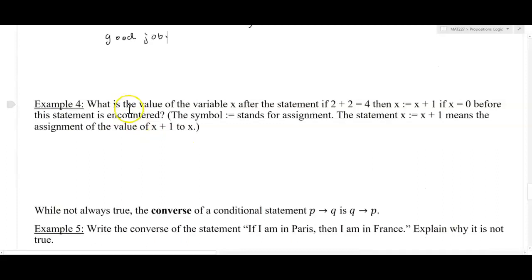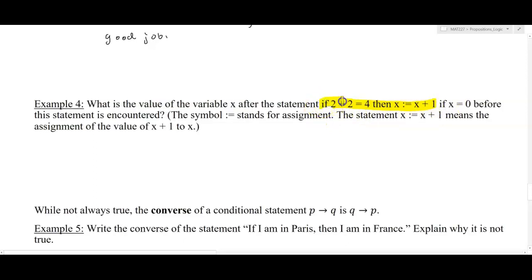Let's look at another example. What is the value of the symbol x after the statement, if 2 plus 2 equals 4, then x equals x plus 1, if x equals 0 before this statement is encountered? Okay, so there's our if-then statement. So if 2 plus 2 equals 4, then x is going to be assigned the value of x plus 1.